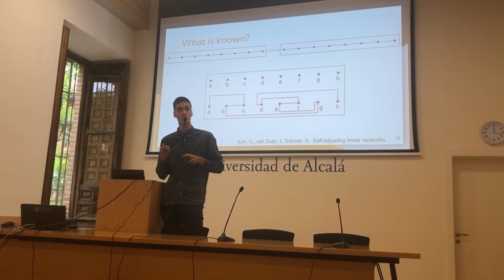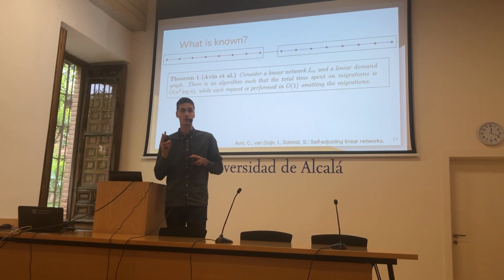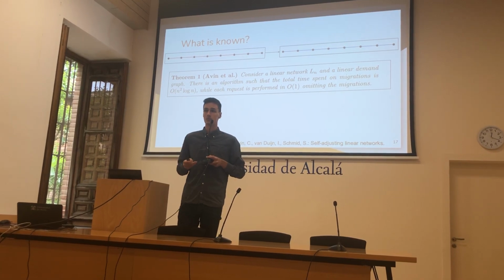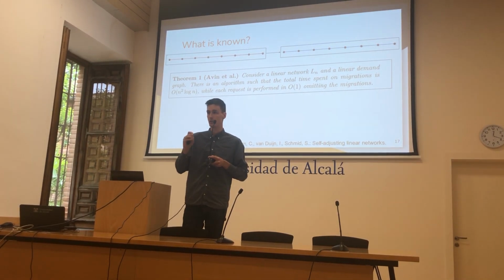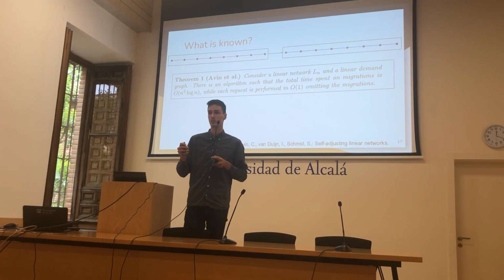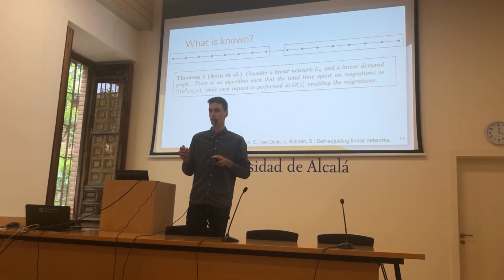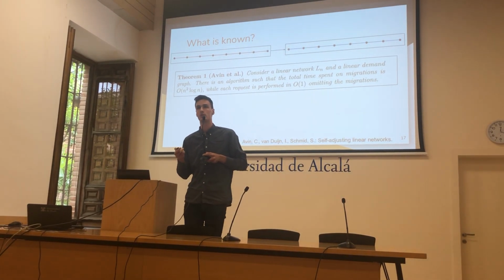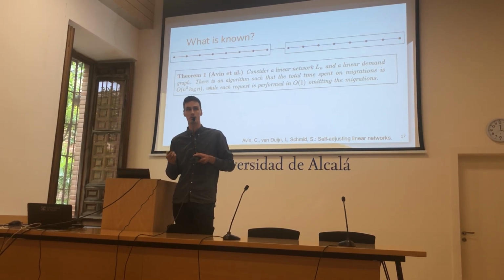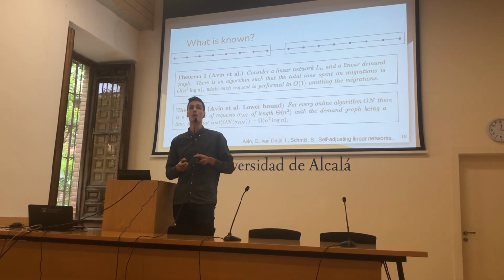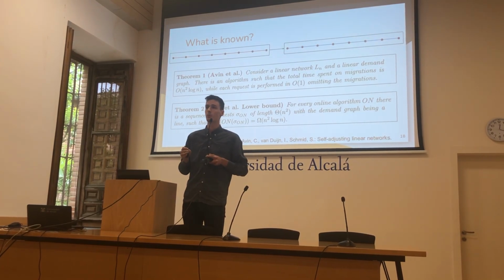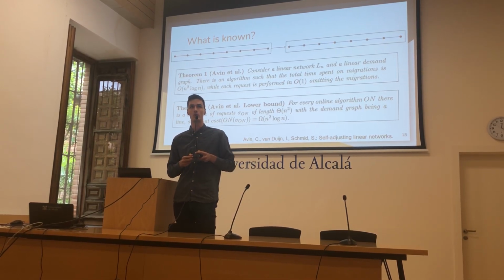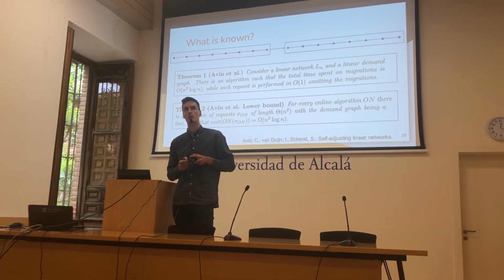Okay, so in the paper there are two theorems. First one is saying that there is an algorithm such that it pays n squared log n for the migrations and spends a constant cost for serving the requests. So this is an upper bound if you wish. And also authors show that this algorithm is in a sense optimal, providing the corresponding lower bound, which says that whatever algorithm you come up with, there would be a cruel sequence of requests called sigma in the statement.